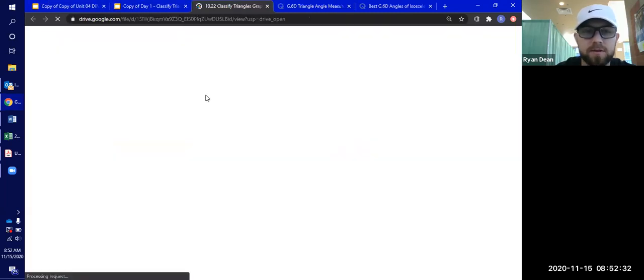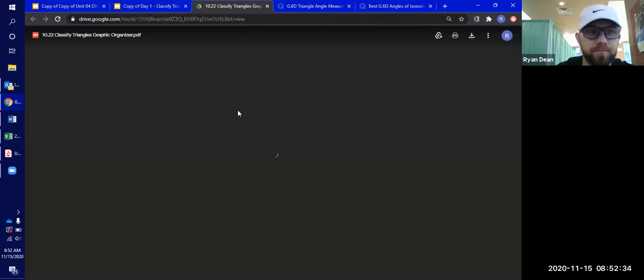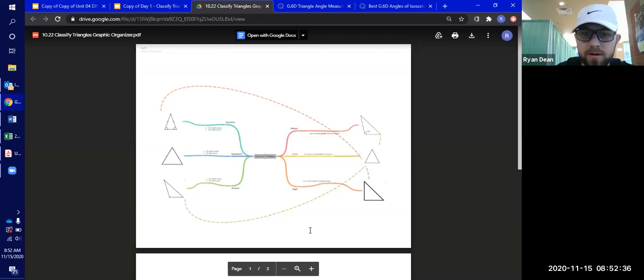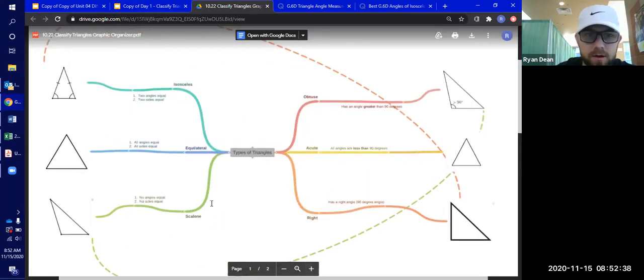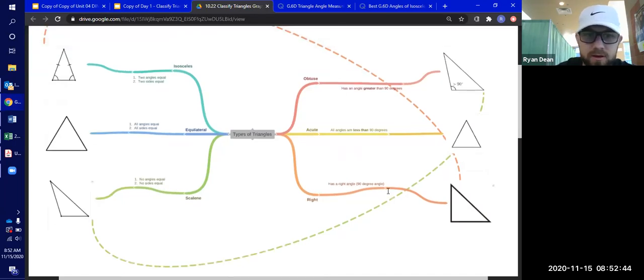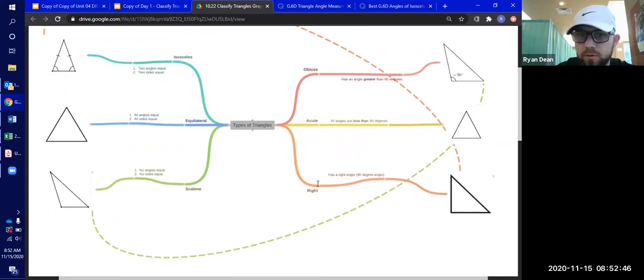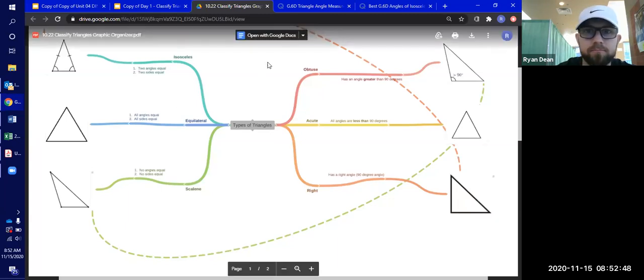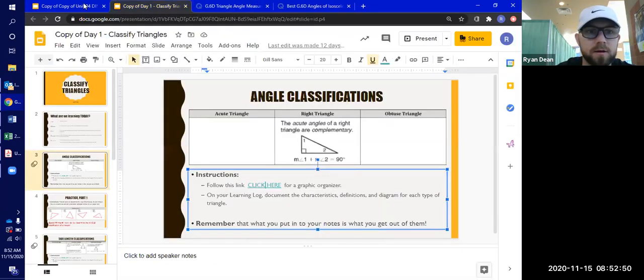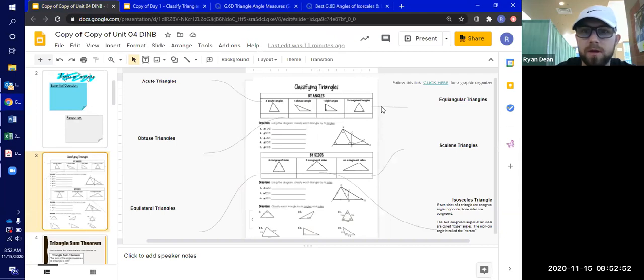It does have a nice graphic organizer that you can access online. And when we zoom in, you can see that it gives you all the types of properties of triangles and also gives you some of the descriptions of them. But in any case, let's come back over here and let's start with our notes.